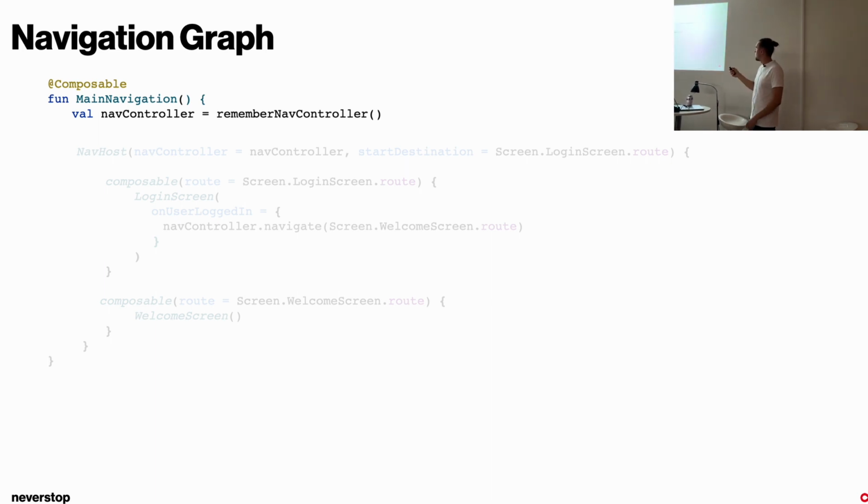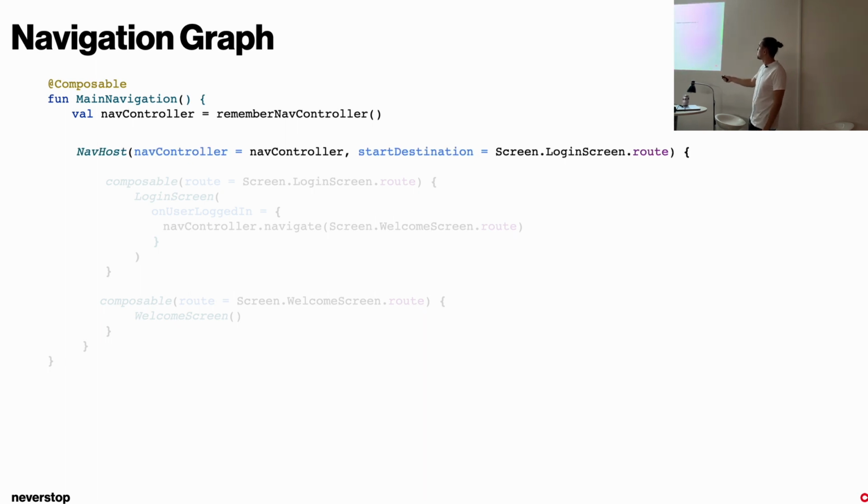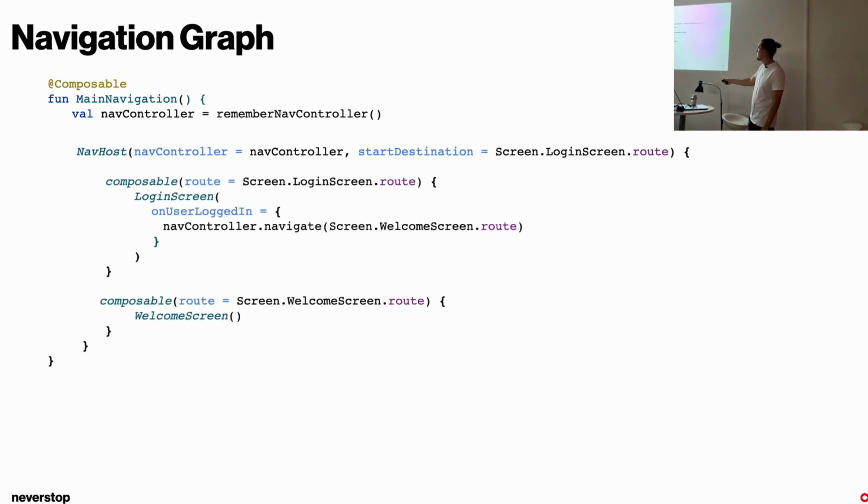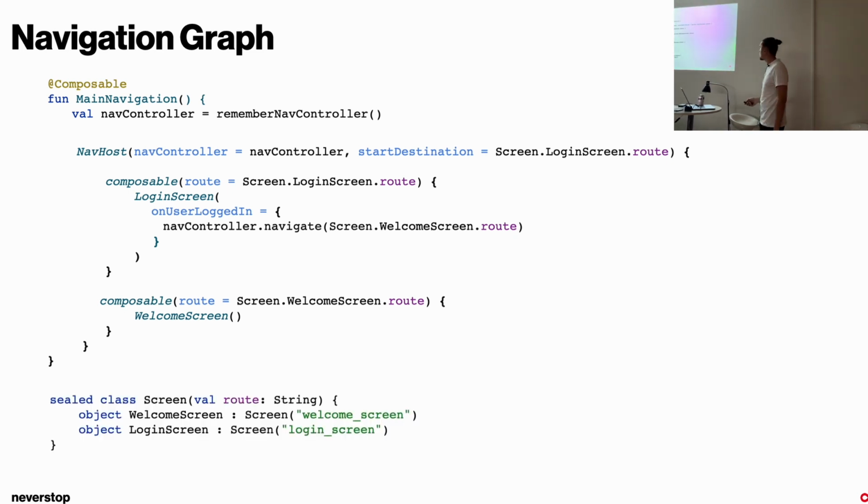Then we instantiate nav controller, we use nav host, we pass in nav controller, we choose the start destination, and inside of that there's just a bunch of composables with their own routes, and you use navcontroller.navigate to navigate between composables.